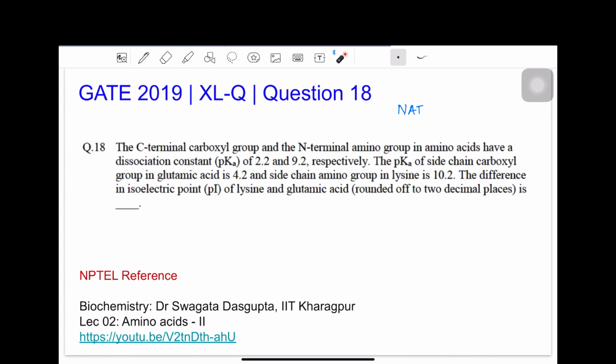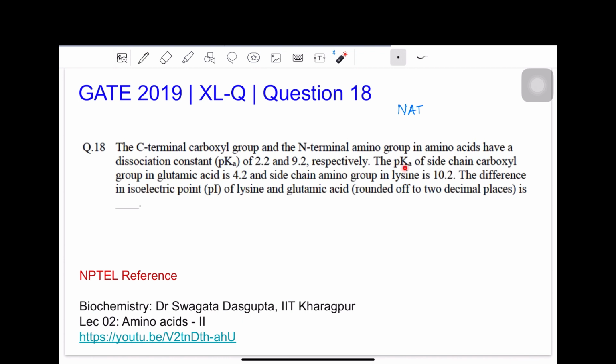Now, it is given here that the pKa of the side chain carboxyl group in glutamic acid is 4.2 and the side chain amino group in lysine is 10.2. So we have to first calculate the isoelectric points of these two amino acids, lysine and glutamic acid, and then we can calculate the difference between these two isoelectric points.